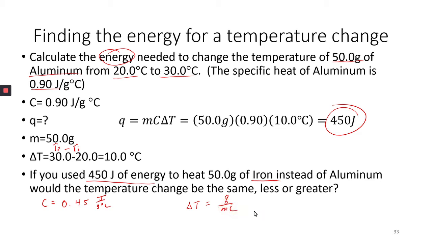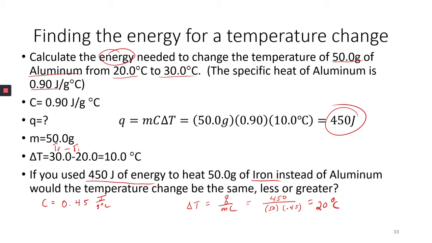And you can plug in the numbers if you want. 450 divided by 50 divided by 0.45. And when you do that, you get a change in temperature of 20.